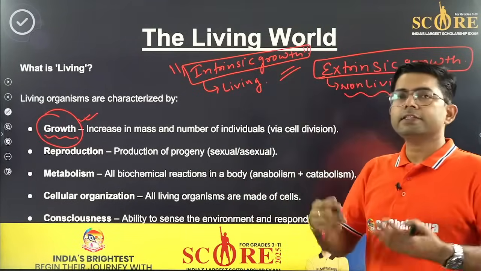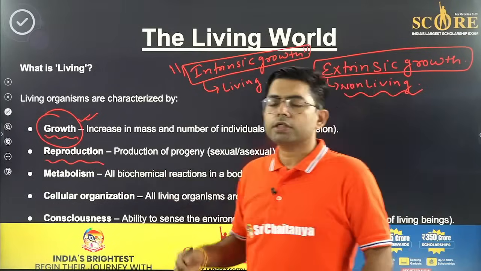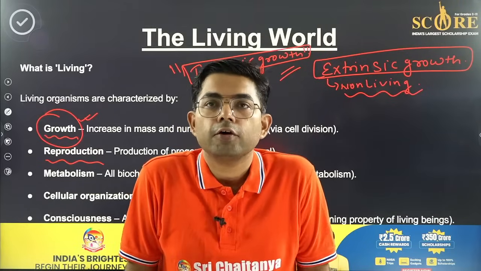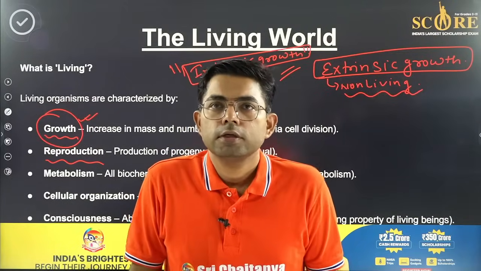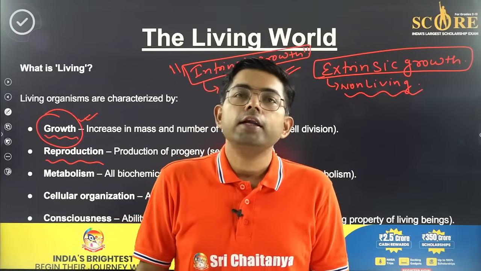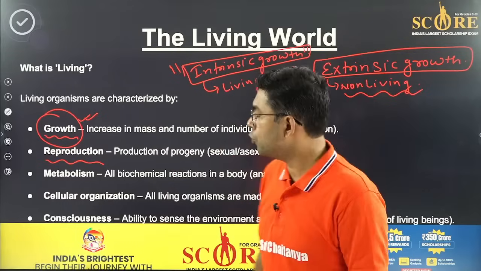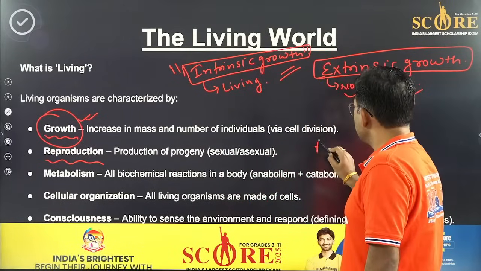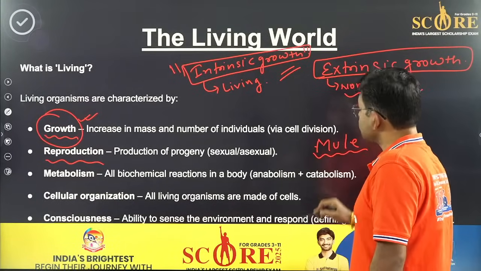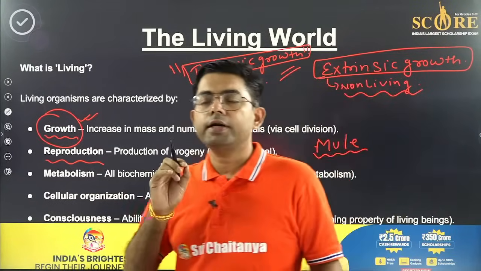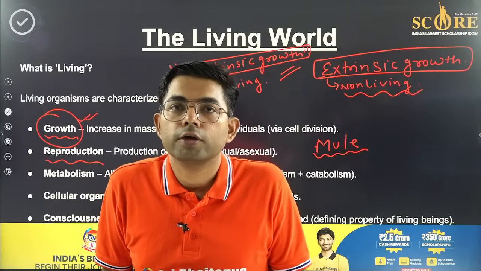Then the second question is reproduction. Is reproduction done by all living organisms? Can we say all living organisms reproduce? The answer is no. All living organisms do not reproduce. There are many such living organisms. All of you must have known about the mule. A mule is the hybrid formed by cross-breeding a horse and a donkey.